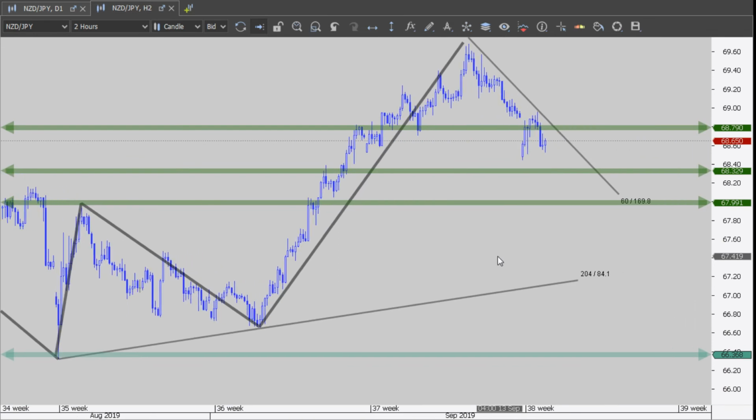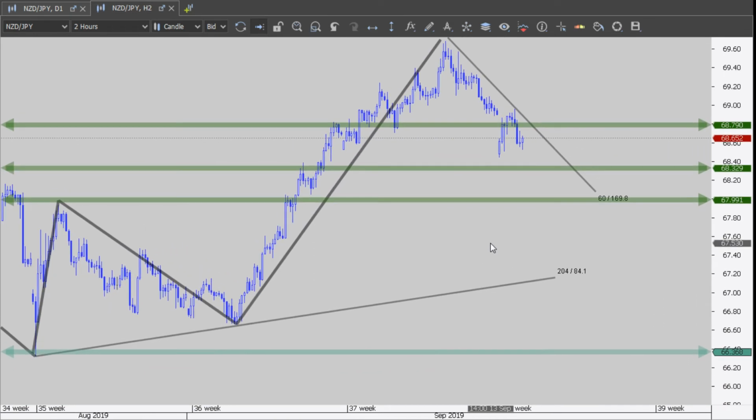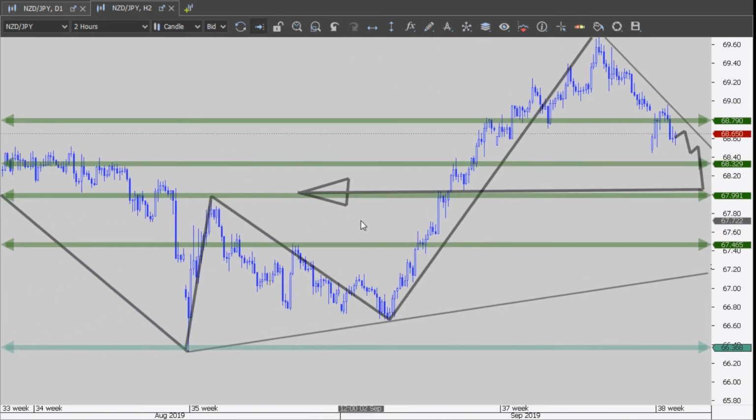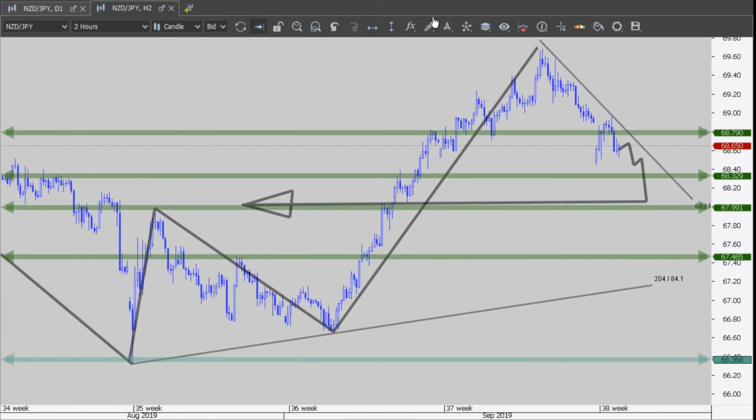Past support, past support, past support, right? Another one in here. So if the market is going to continue, it's going to fall until here, maybe. Why here? Because we have a past support in here from the market wave. So this is the wave.